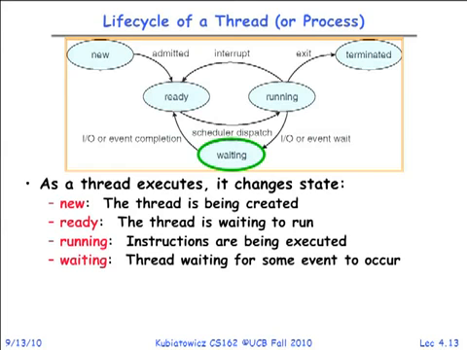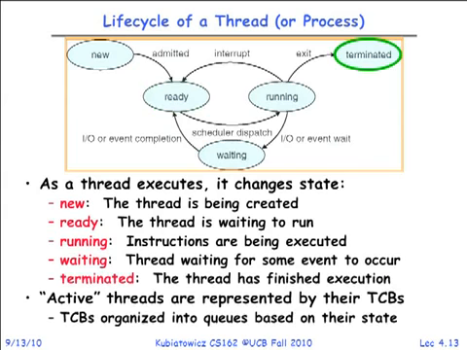So only the threads that are either on the ready queue or running, and there's only one of those, are actually using CPU cycles. The rest of them are in queues somewhere. This diagram's a little funny because it doesn't tell you that there are lots of waiting queues. Then we start executing again, and eventually we're done and we terminate. So active threads are represented by their TCBs, and threads are in queues.